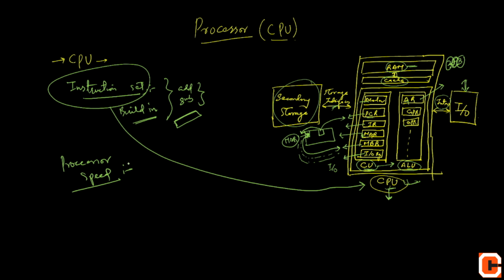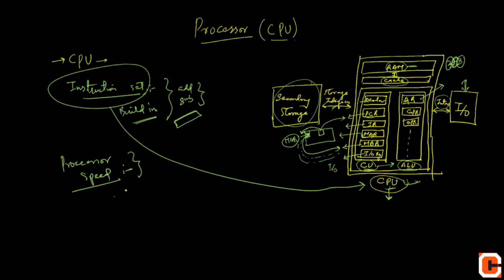The speed at which a computer executes an instruction directly depends on the computer's built-in clock speed. This clock speed is the number of pulses produced per second. Remember this point, number of pulses produced per second.